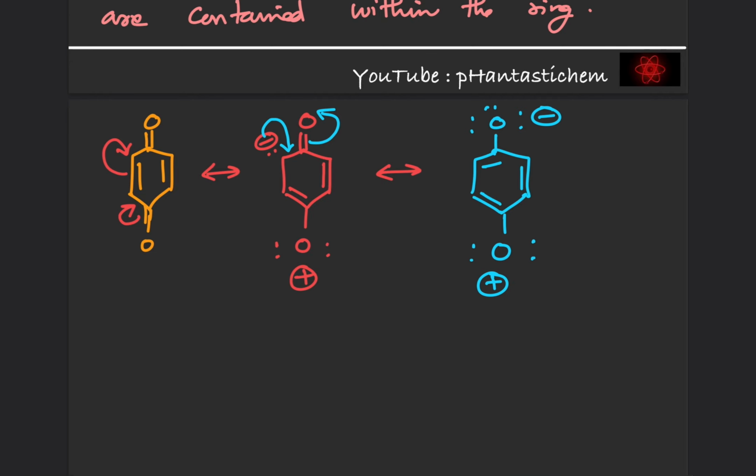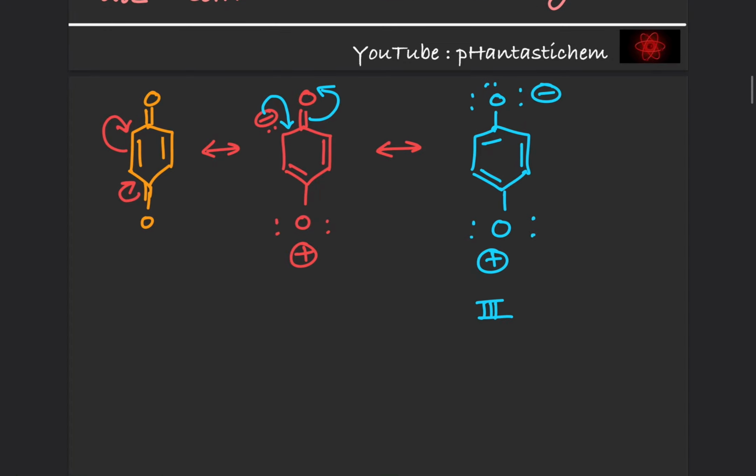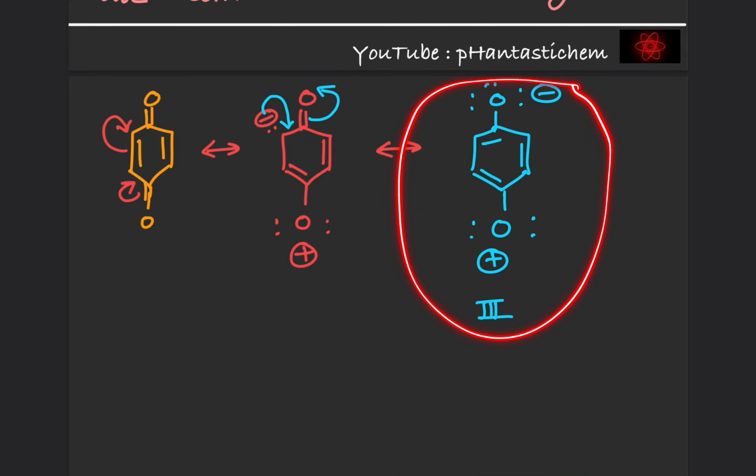Okay, so when we look in detail at these resonance structures of para-benzoquinone, you might think that the contributing structure 3, so this is first, second, third, is indeed aromatic. This is aromatic because there is delocalization, double, single, double, single, double conjugation.